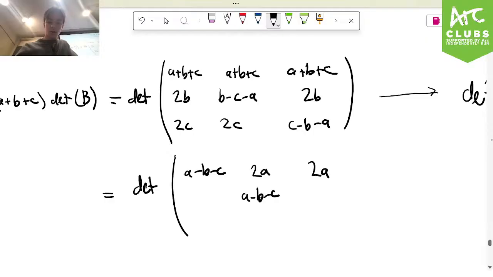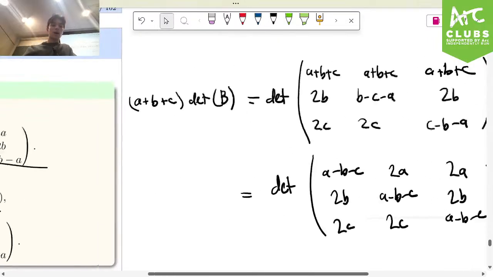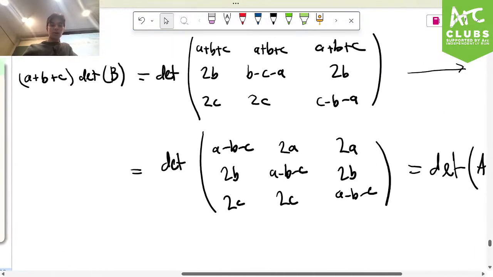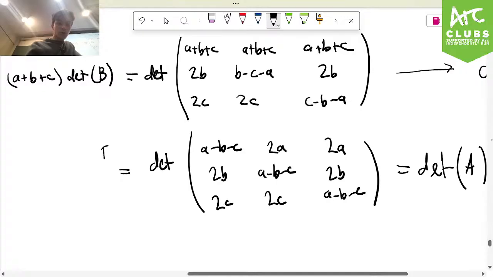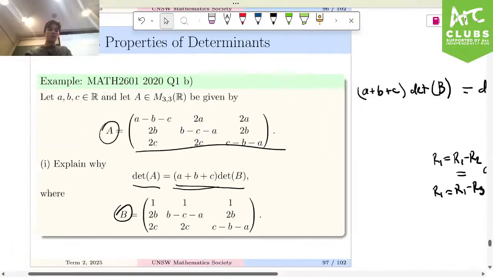A minus B minus C, A minus B minus C, 2B, 2C, 2B, 2C, which is equal to the determinant of A, because that matrix on the inside is A. And we can justify this equality by demonstrating the elementary row operation that we've done. Right, so R1 is equal to R1 minus R2. R1 is equal to R1 minus R3, right? And that's all we need to do for this question.